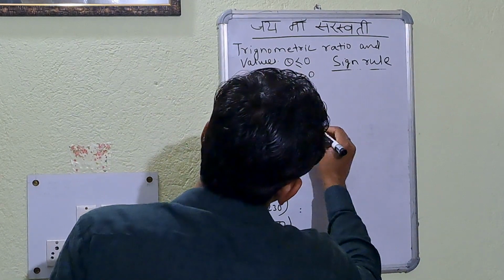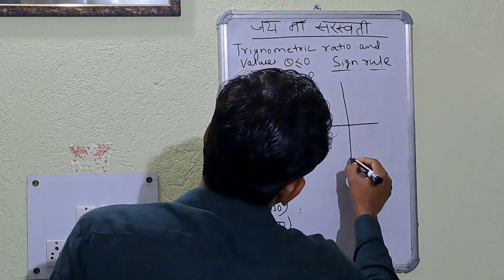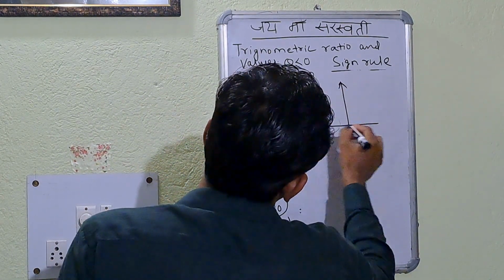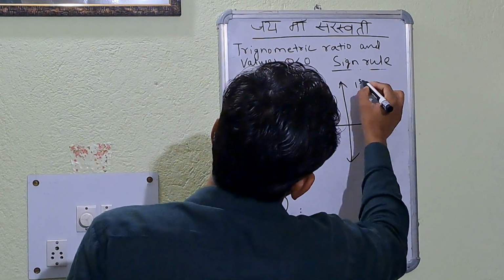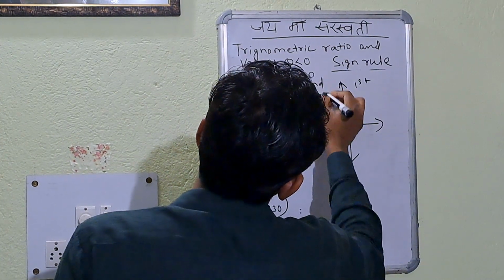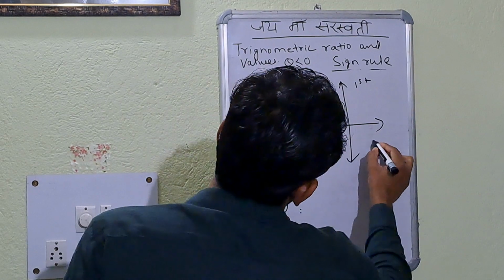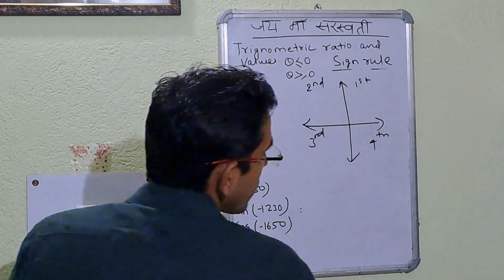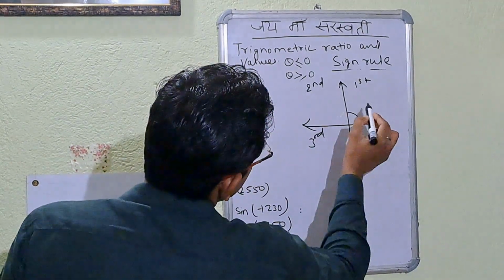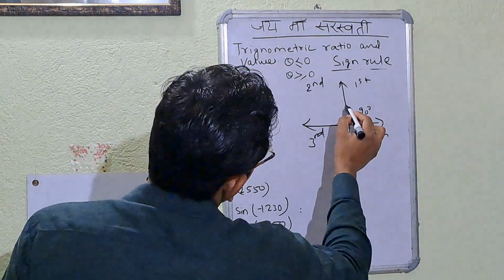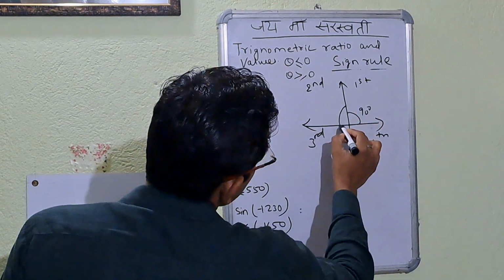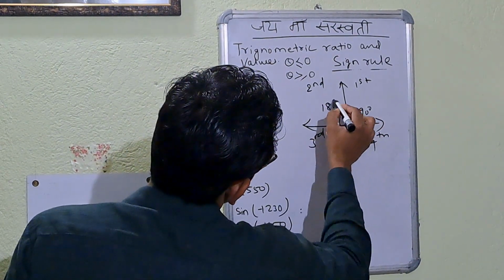So this is the particular quadrant diagram. First quadrant, second quadrant, third quadrant, and fourth quadrant. Understood? Up to this it is 90 degree. From this segment to this segment it is 180 degree.